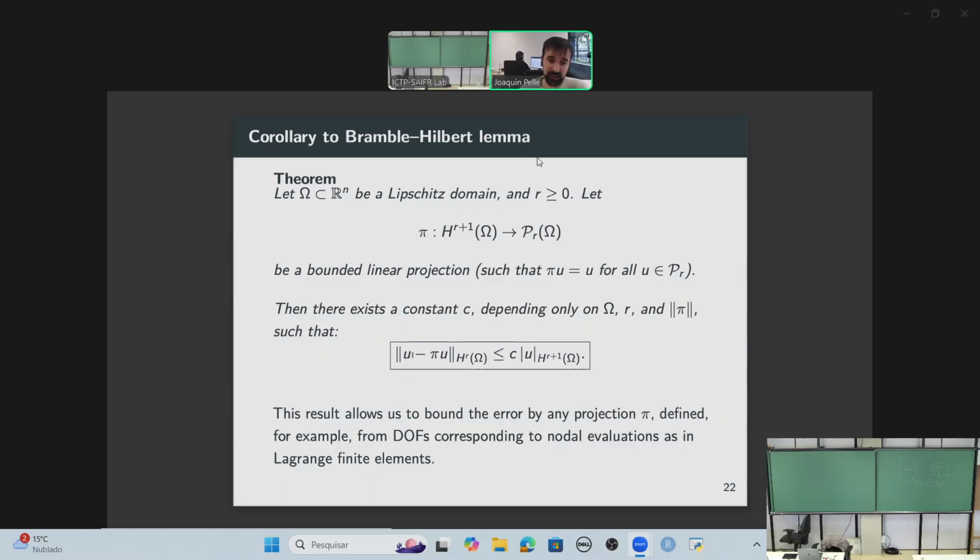We are saying that the norm of this error here that we get by projecting the function u to the polynomial space, measured in the Sobolev norm of order r, is less than a constant that only depends on these things here, times the r plus 1 semi-norm of u, which considers the derivatives of u to one higher order.